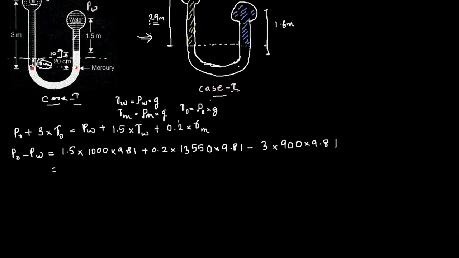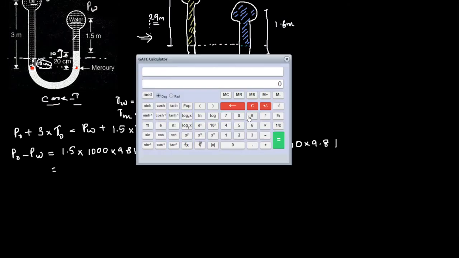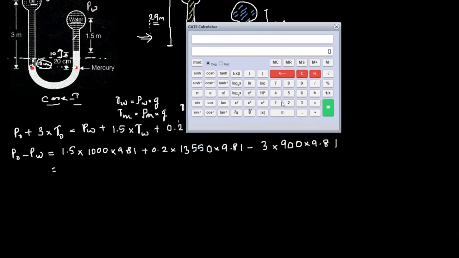Let's calculate this one. We will use the calculator: 1.5 into 9810 plus 0.2 into 13550 into 9.81 minus 3 into 900 into 9.81.